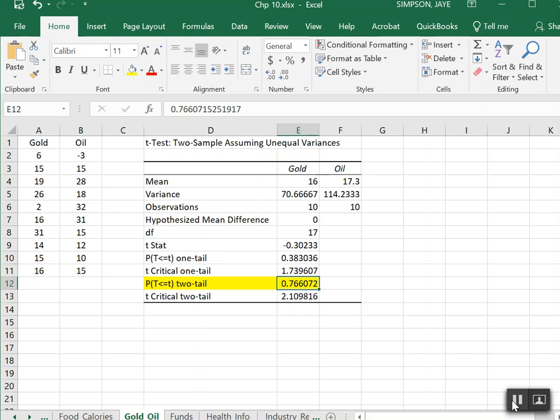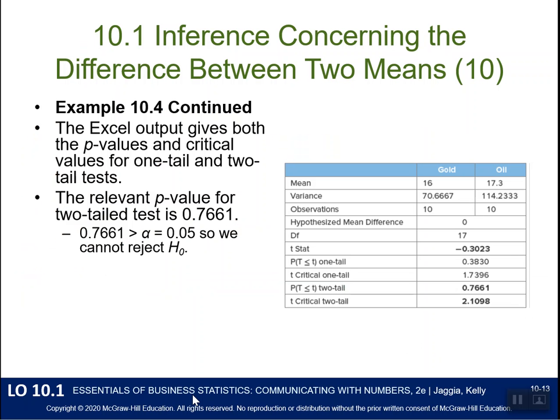So I'm going to pause. Let's jump back over to our PowerPoints here. And again, we can see that the output, the data I put here, is also in the slides for us. So we've already said that because the relevant statistic, the one that we were looking for, that 0.7661, is greater than 0.05, our 5% significance level, we cannot reject the null hypothesis.